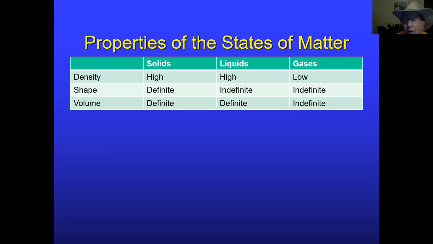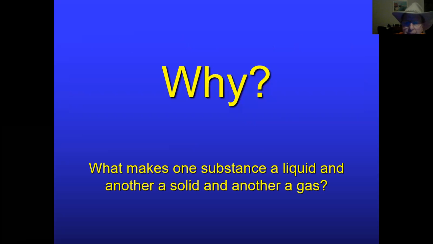In gases, they're not really together, so the shape of a gas is indefinite. For solids, the volume is definite. For liquids, the volume is definite. Gases, indefinite. So what makes one substance a liquid and another a solid and another a gas?